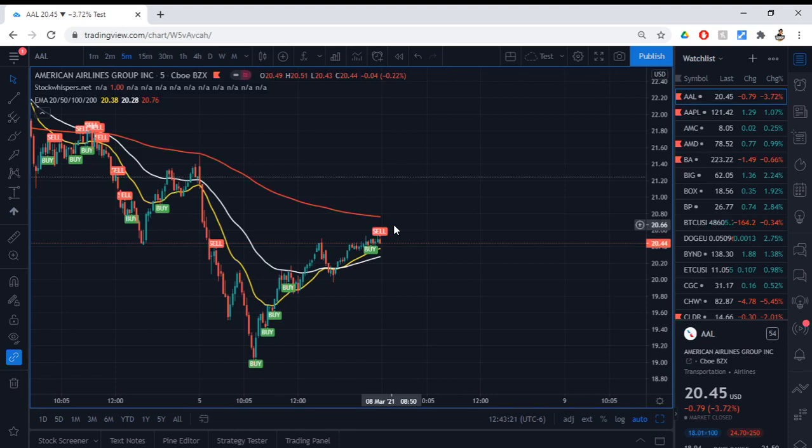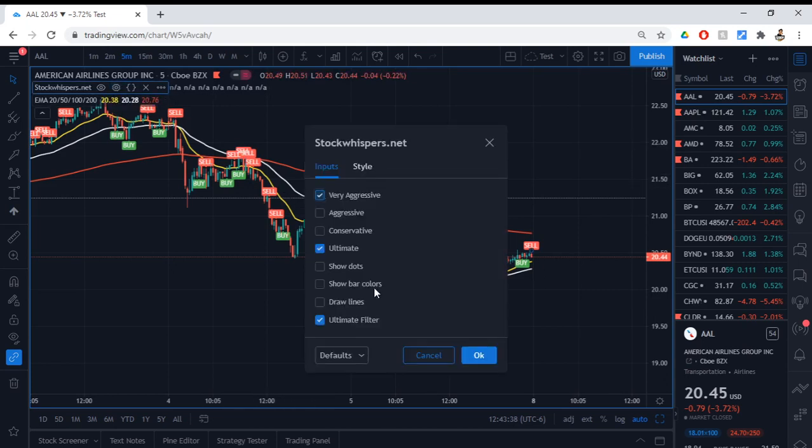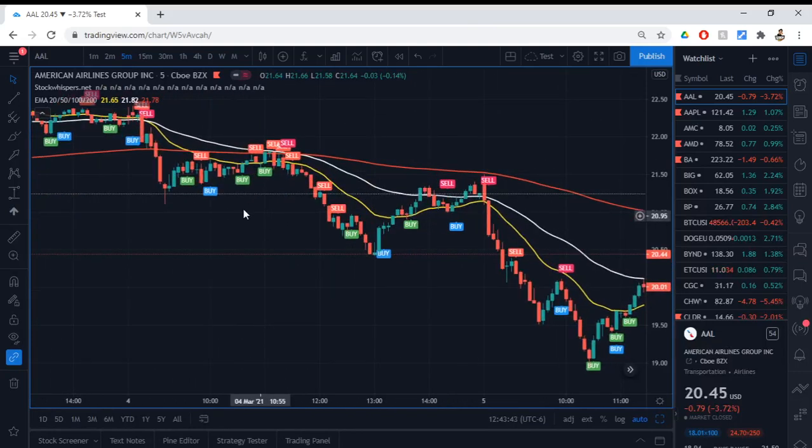Any more questions? Does it make sense to combine the ultimate strategy with a very aggressive one? I think they're both very quick. They're very fast strategies. So the very aggressive and the ultimate are just going to give you a lot more signals.